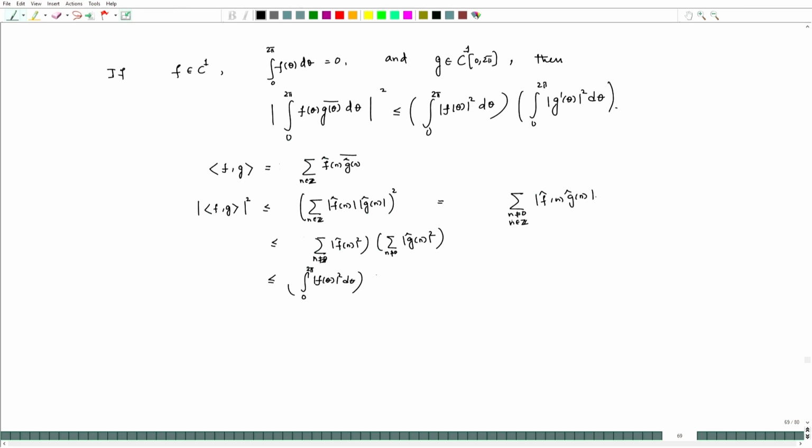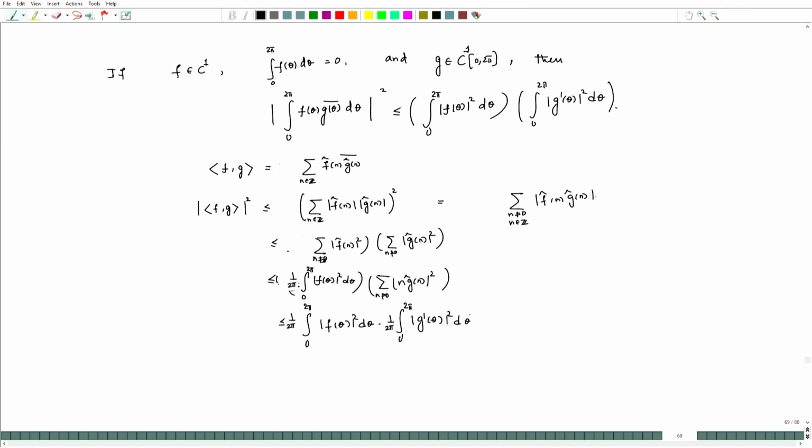Now, this one is dominated by n squared times mod g hat of n squared, n not equal to 0, and this is nothing but, with a certain factor of 1 by 2 pi, the integral from 0 to 2 pi of mod of g prime of theta squared d theta.